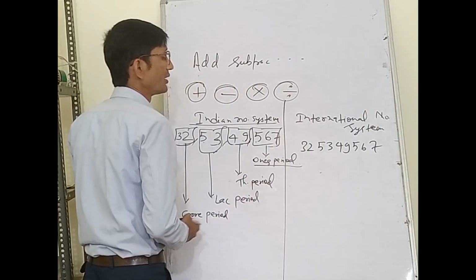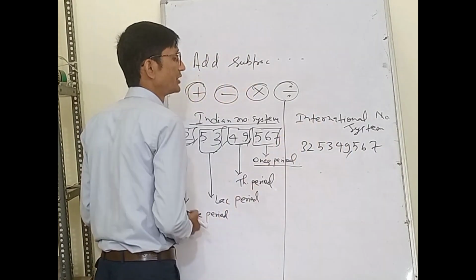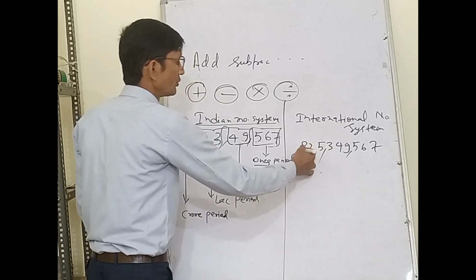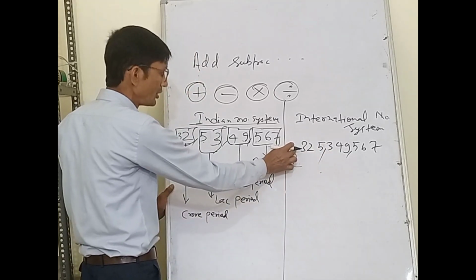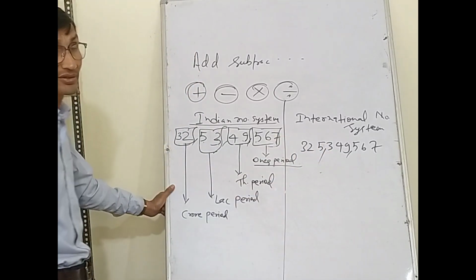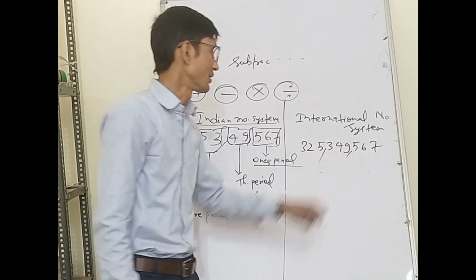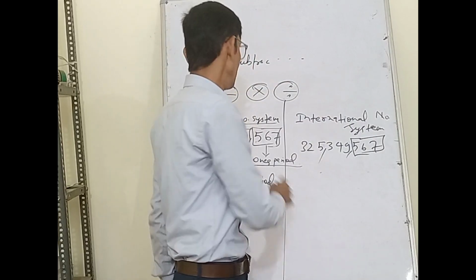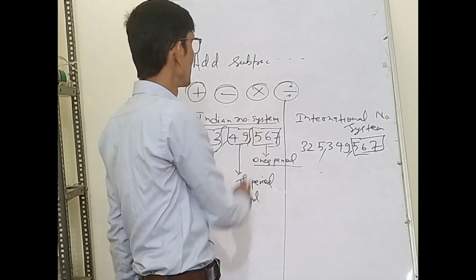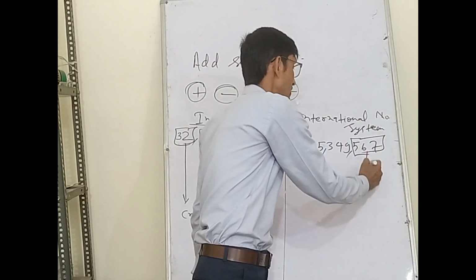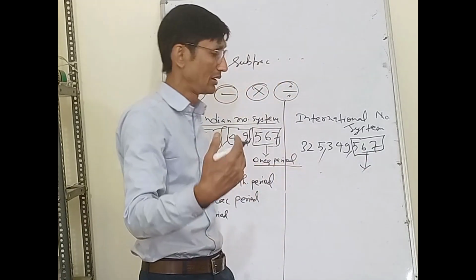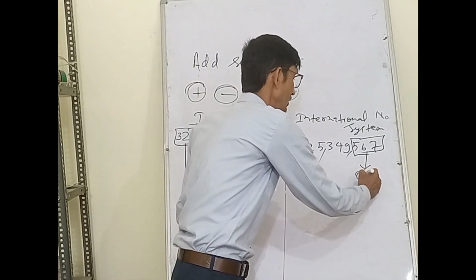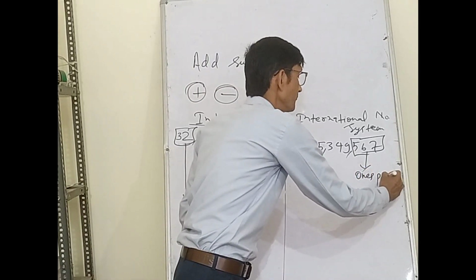You will find that you always put a comma after 3 digits from the right side: 1, 2, 3, comma, 1, 2, 3, comma, 1, 2, 3, but no comma is needed at the end. Here you should name the periods accordingly. In the same way as the Indian number system, in the international number system the rightmost 3 digits are called the ones period.